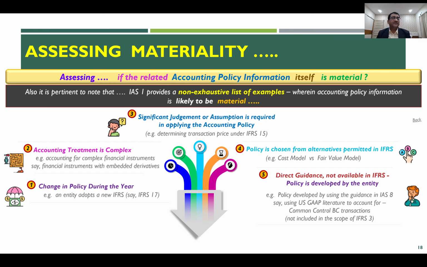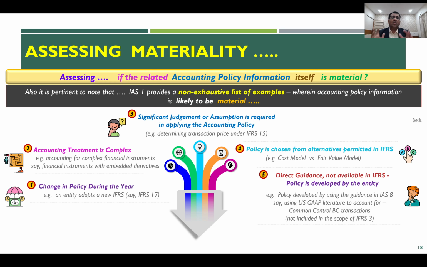For example, if a particular type of transaction is not covered in terms of the accounting treatment under IFRS, and therefore an entity uses the guidance, let us say, under US GAAP in applying and recording the transaction under IFRS literature, then the standard says that in such circumstances, those accounting policy information are likely to be material.